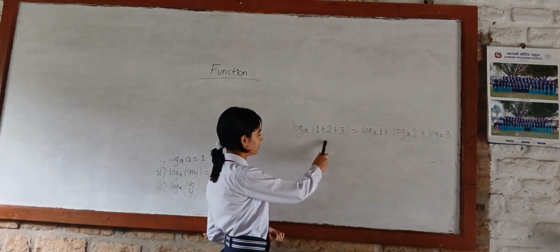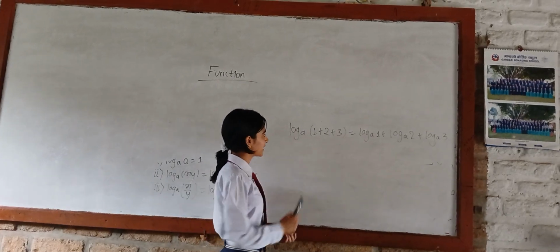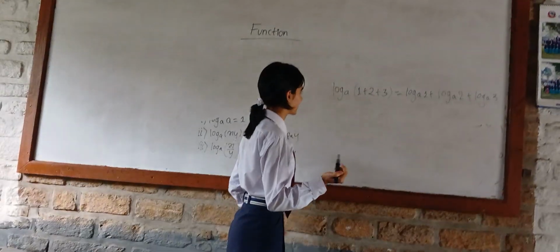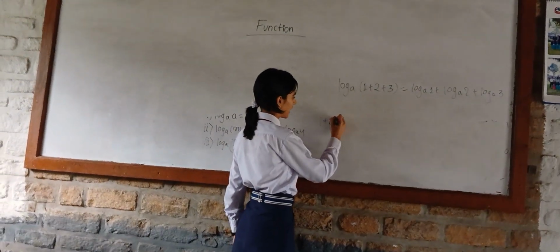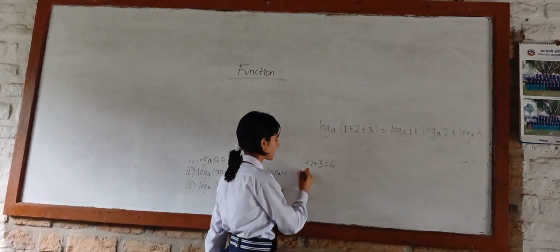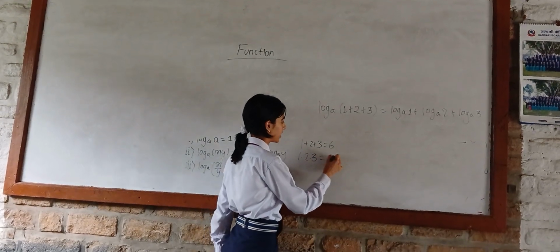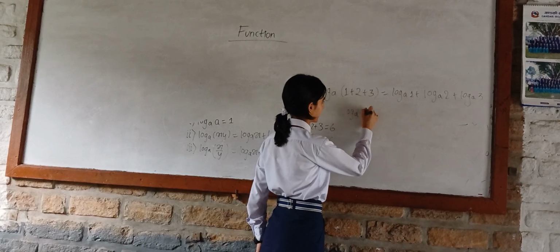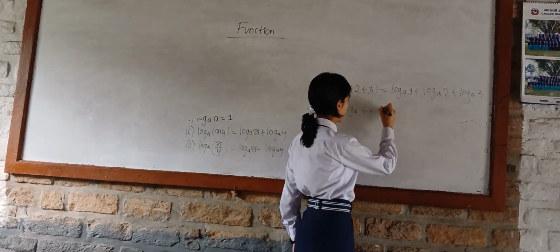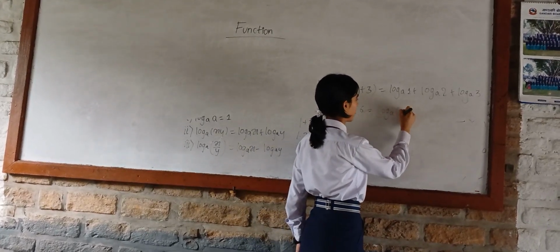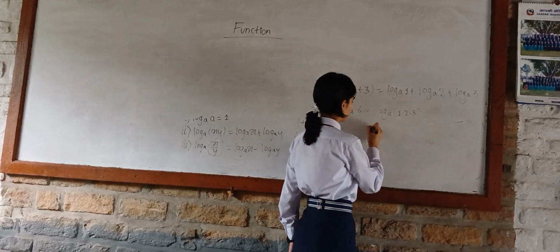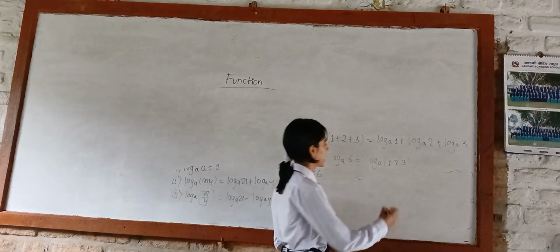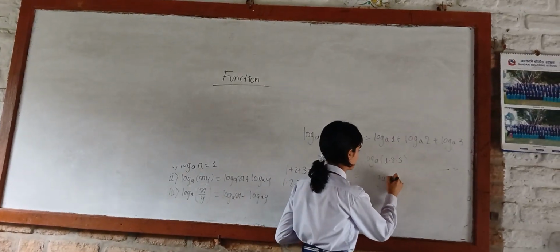But here the problem is they are not in multiplicative form, but they are separated by a plus sign. The trick here is that 1, 2, and 3 are the numbers which give the same result when they are added or multiplied. So this can be written as log_a 6, which can be further written as log_a (1 x 2 x 3). So now from this property, we can simply separate it in addition form.